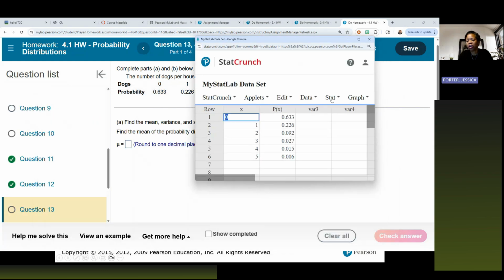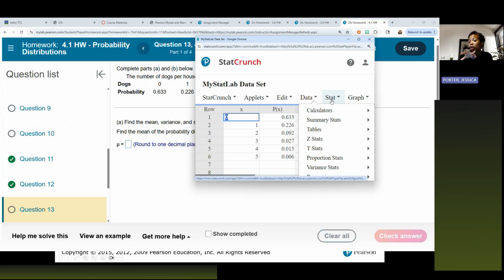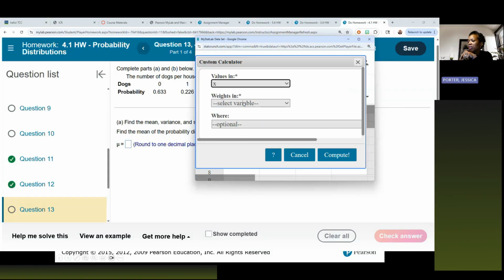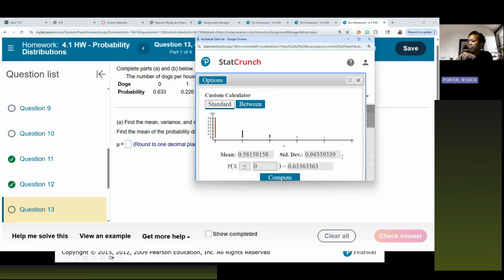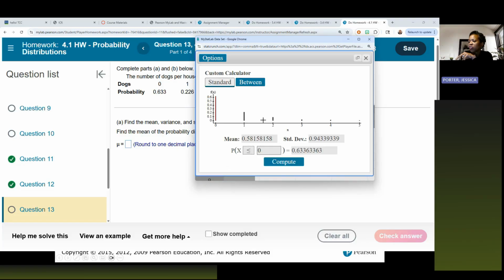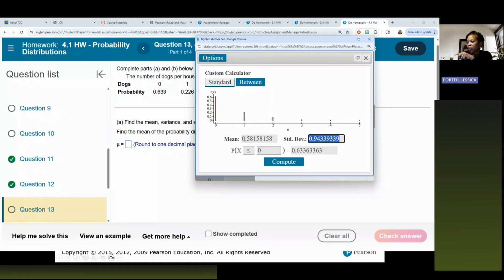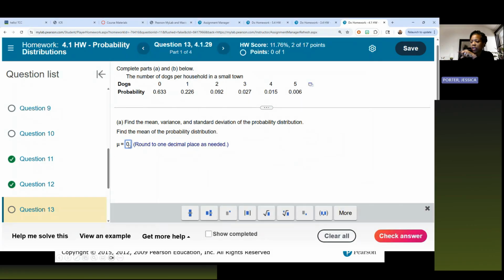Here's where we're going to do the same thing we did before, but we're going to be looking in a different place for the information. So Stat, Calculators, Custom, values in X, probabilities, weights in P of X, and then compute. Notice, if you didn't notice before, we get the graph like I was showing you before, but we also get the mean and the standard deviation. So here's what we do with this. So the mean, it says round to one decimal place, 0.6.